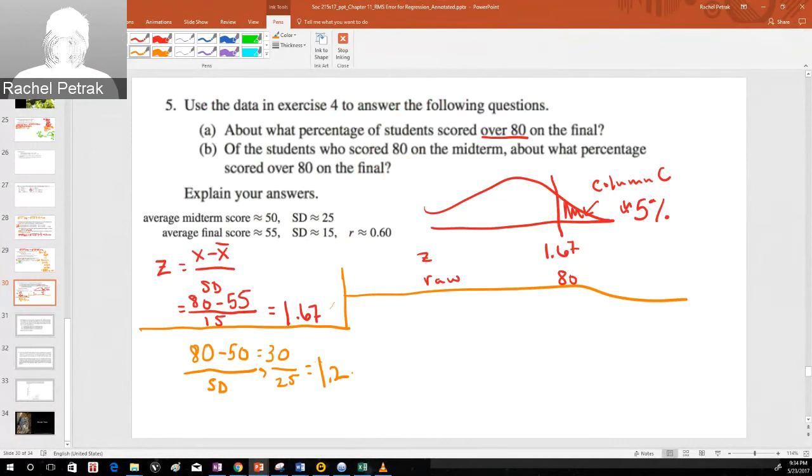and that tells us that our group is going to be above average on the final. And how much above the average will they be? We can take that by getting our R times the standard deviation we just found.